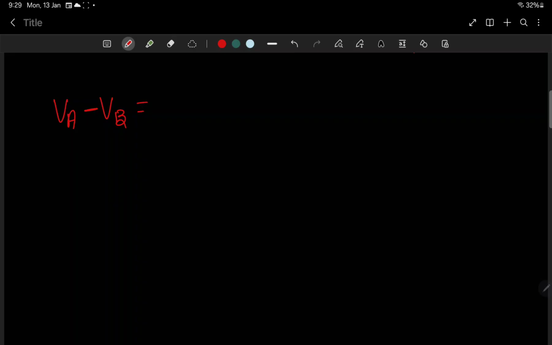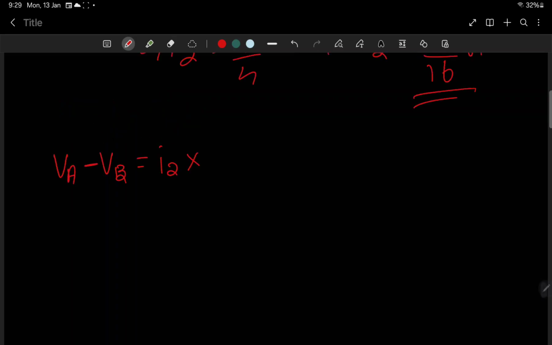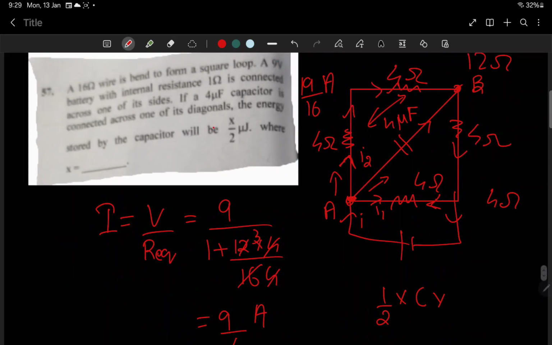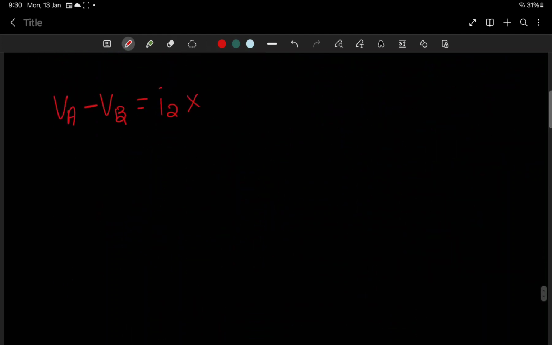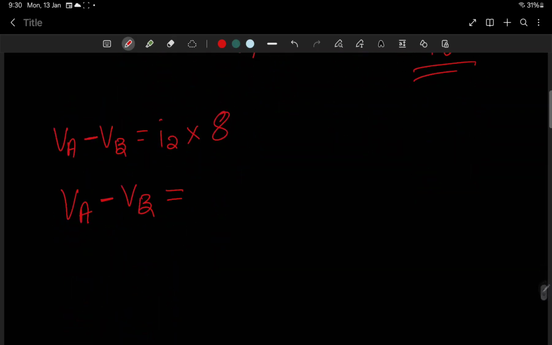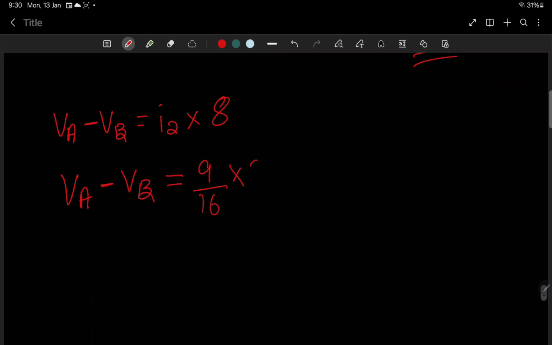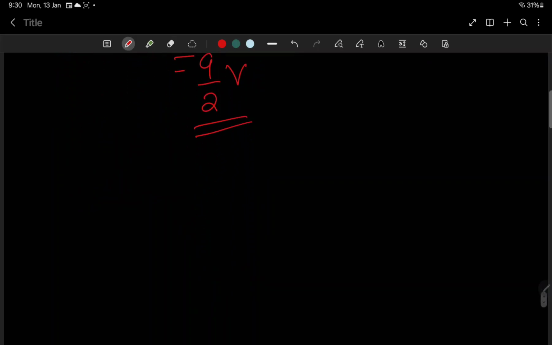VA minus VB is equal to the current, that is I2 into the effective resistance. How much is it? 1, 2, 3, 4, 5, 6, 7, 8. 8. Therefore VA minus VB is equal to I2, that is 9 by 16 into 8. That's equal to 9 by 2 volt. This is the voltage difference, 9 by 2 volt. So we got 9 by 2 as V.